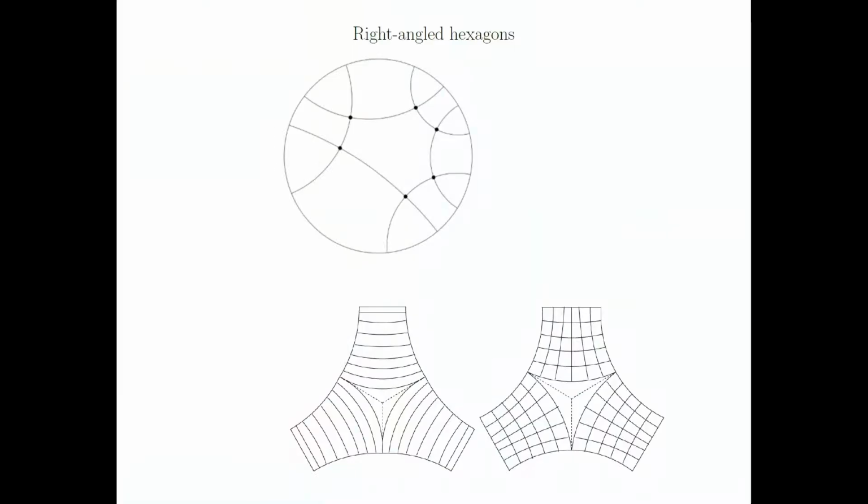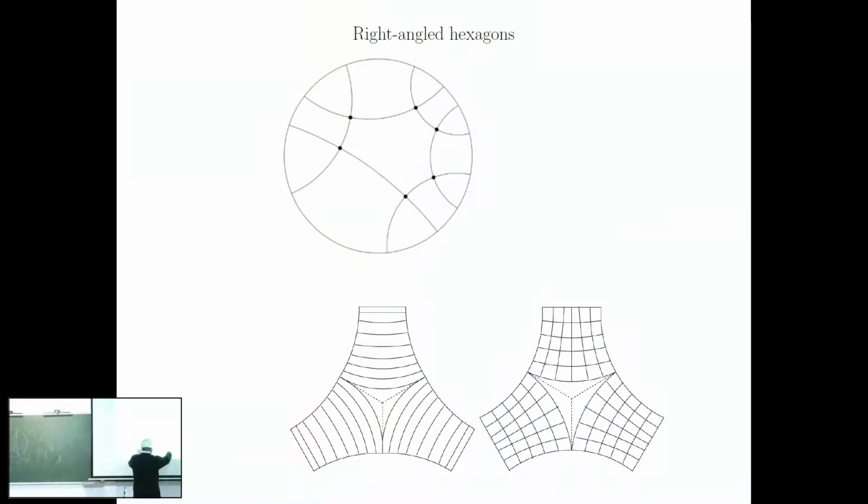When these sides tend to 0, when the length becomes 0, you get an ideal triangle. So this is a little bit more general theory: best Lipschitz maps between right-angled hexagons.